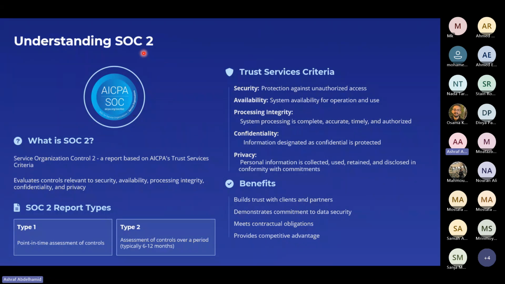So this is the aspect of SOC 2. It is not like ISO 27001. The most important thing there is the information across the organization, but SOC 2 is provided for the clients of their vendor or service provider. That's why it is service organization controls.